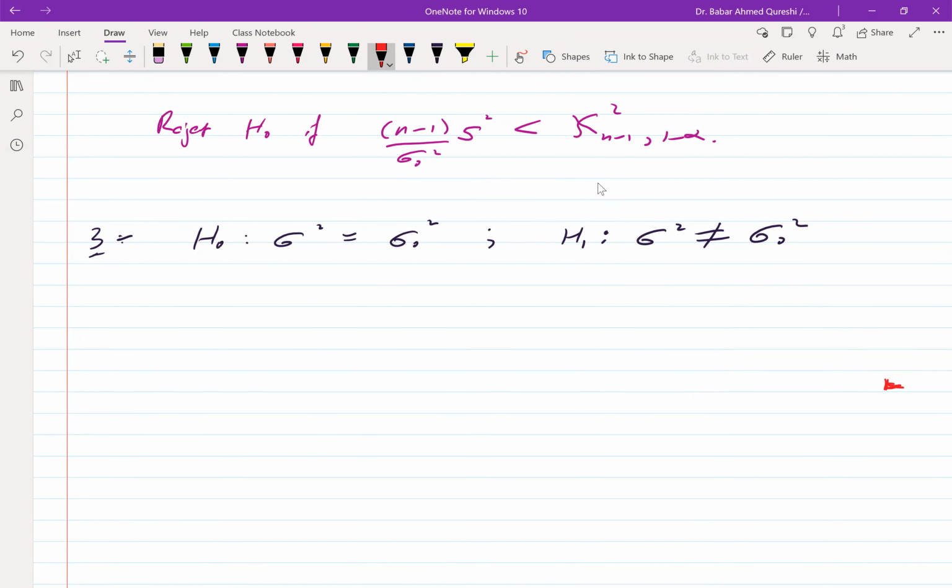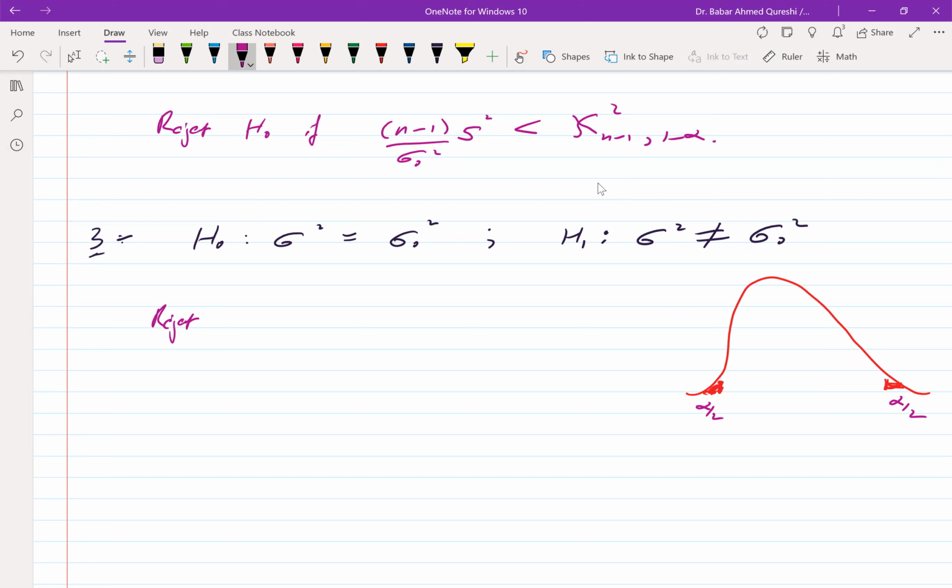So if it lands here, or if it lands here, you reject. First of all, you have to divide the significance half on the upper tail and half on the lower tail.